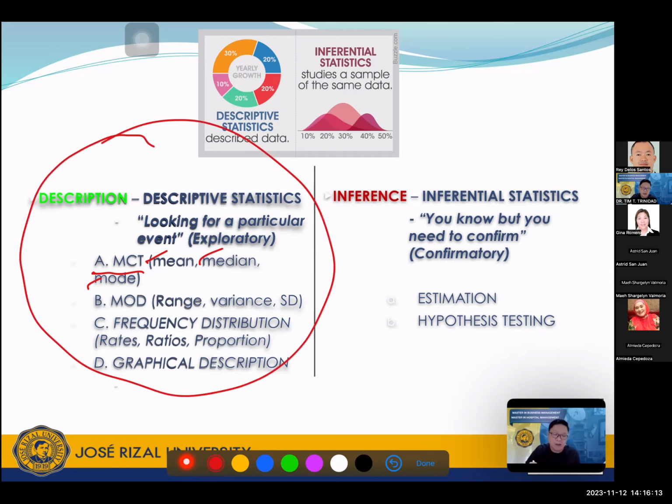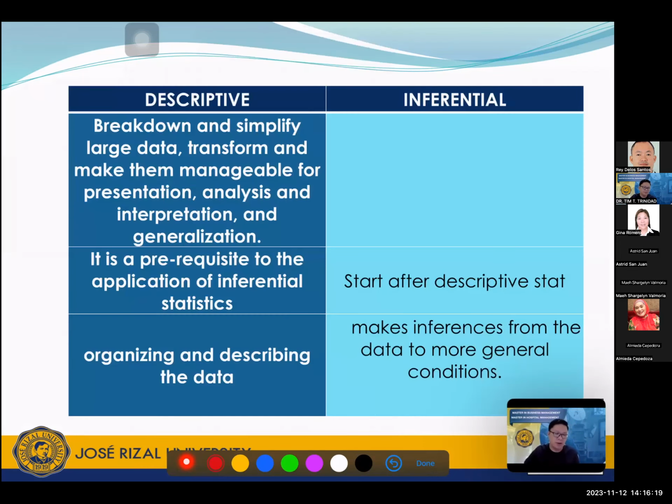While your inferential stat, the main activity is doing estimates and hypothesis testing. Okay. So your descriptive, you're going to break down and simplify your large data. You transform them and make them manageable in order to be analyzed. Okay. And then take note that your descriptive stat will just end up to organizing and describing your data.